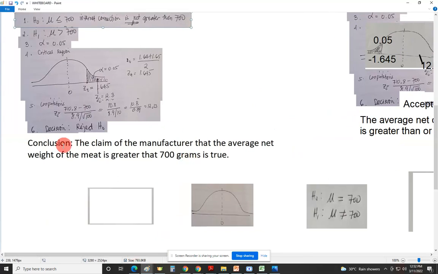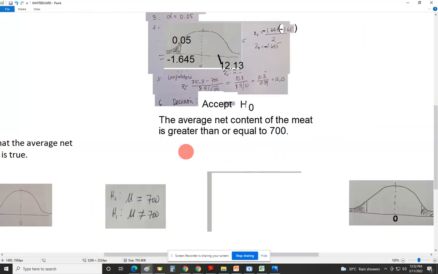The first one, the claim of the manufacturer that the average net weight of the meat is greater than 700 grams is true. Now, the conclusion here, I just changed some of the problem, but the same given: the average net content of the meat is greater than or equal to 700. Are they the same? Yes or no? Yes, sir. Okay, very good, no?